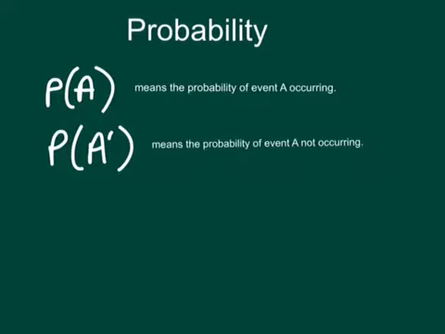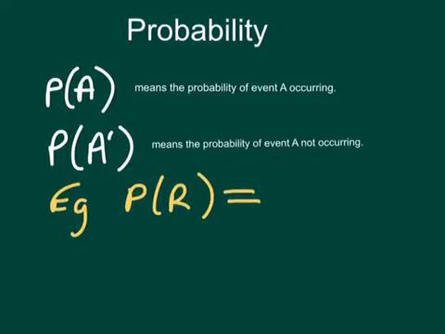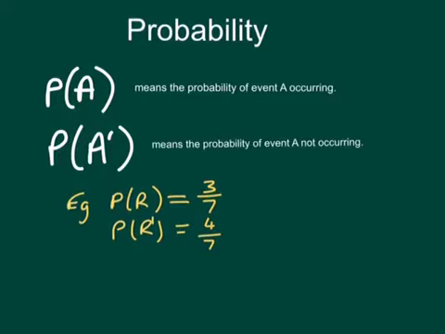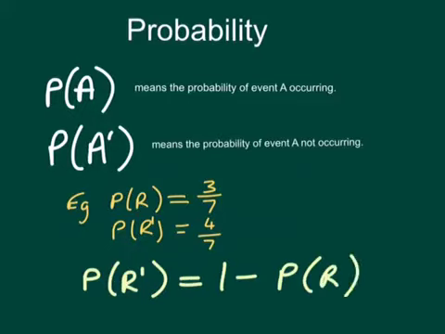An example of that would be if I tell you the probability of rain is equal to 3/7, then the probability of not rain is equal to 4/7. You should hopefully see from this that the probability of not rain is equal to 1 minus the probability that it does rain.